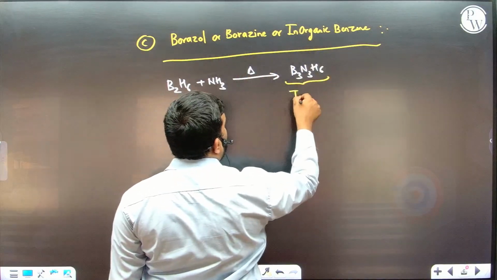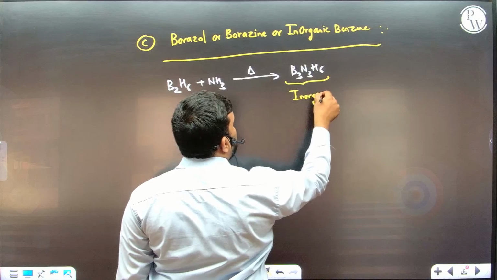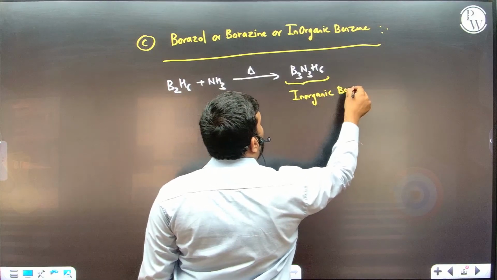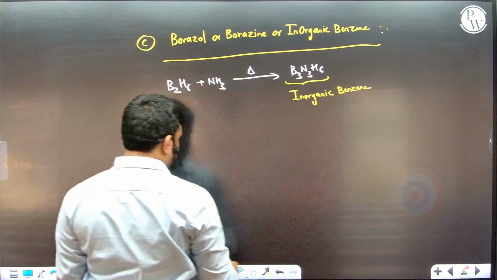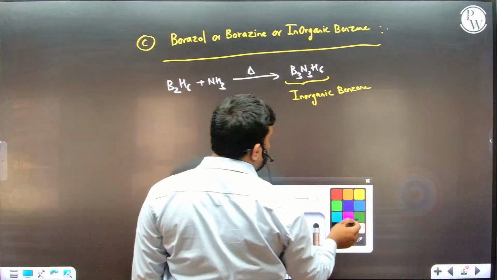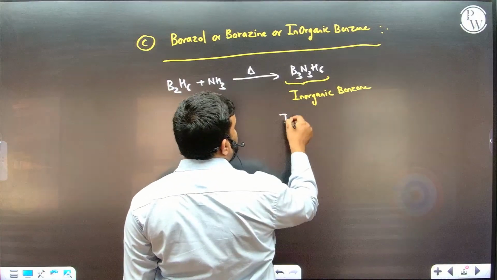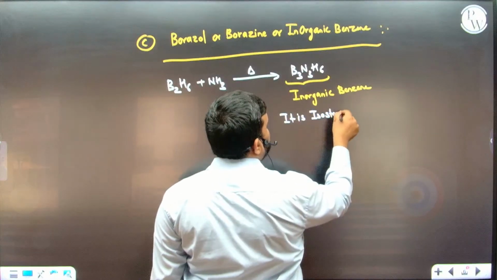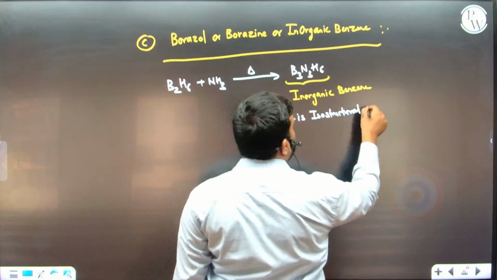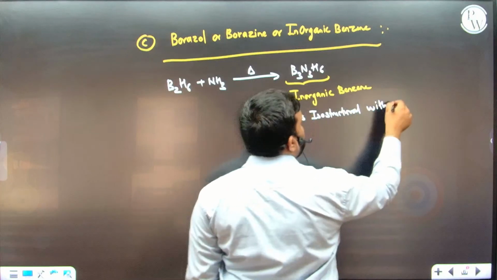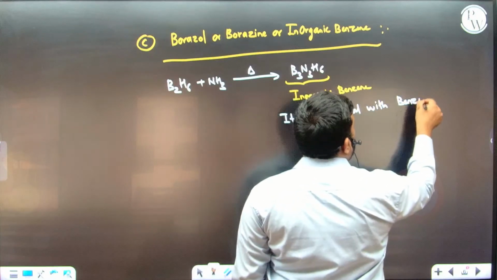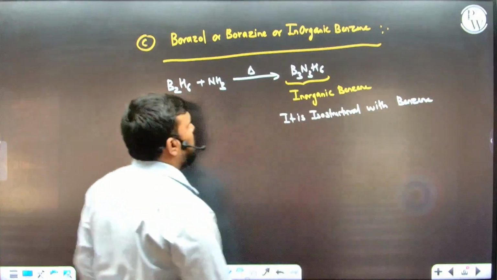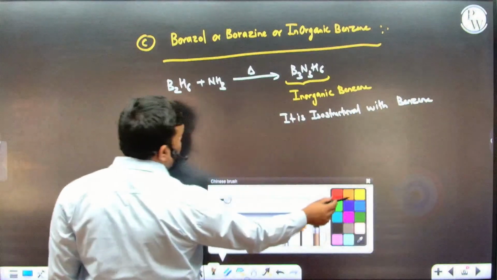I am calling it inorganic benzene. Why do we call it inorganic benzene? Because it is isostructural with benzene. So we are calling it inorganic benzene. So let us see the structure over here.